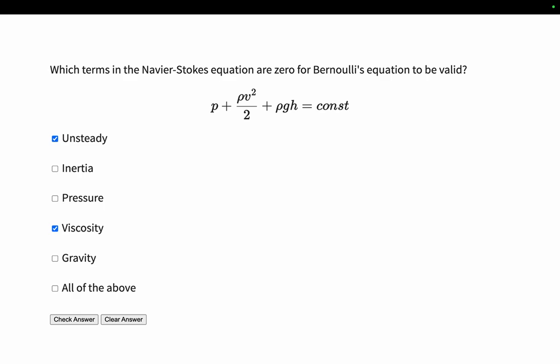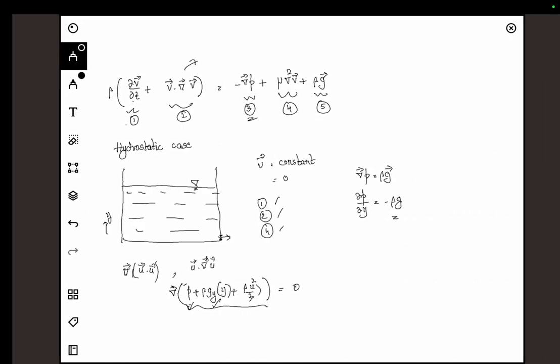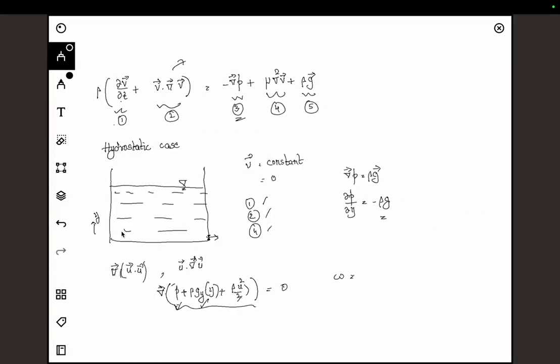Basically, what we mean by irrotational is that omega, which is del cross V, also has to be zero. If it is zero, then you can use Bernoulli's equation throughout the domain. If it is not zero, then it is limited: you can apply it only along a specific line, which I do not want to go into.